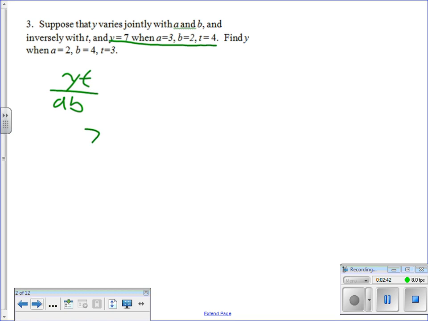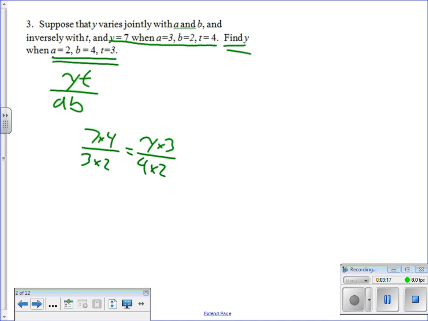So I get 7 times 3 over 2 times 4 equals what I'm looking for, y times t over a times b, where a is 2, b is 4, and t is 3. Plug in what you know on one side, plug in what you know on the other side, find the one thing you don't know. The whole secret to this is understanding how to set up this relationship.